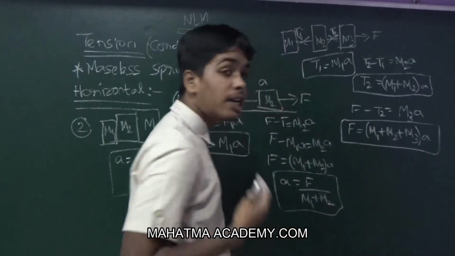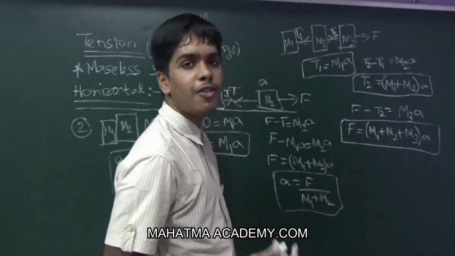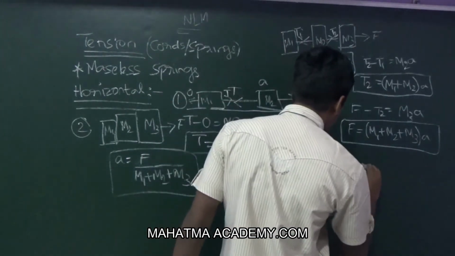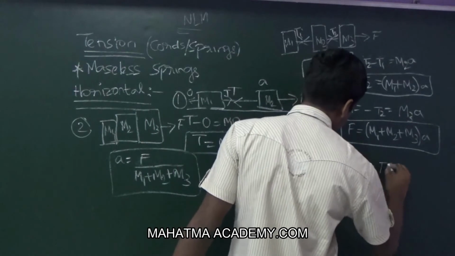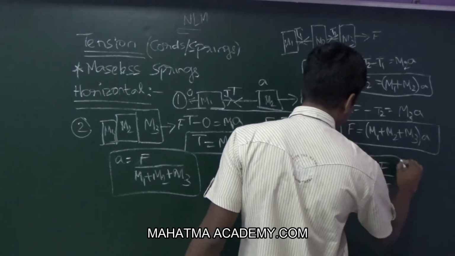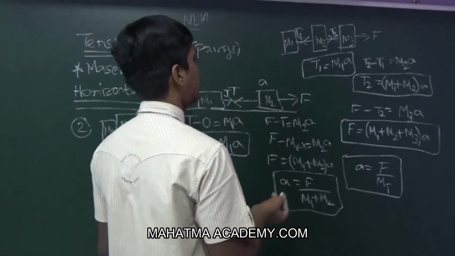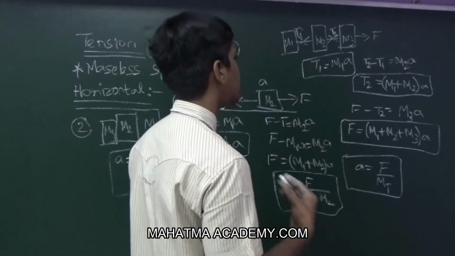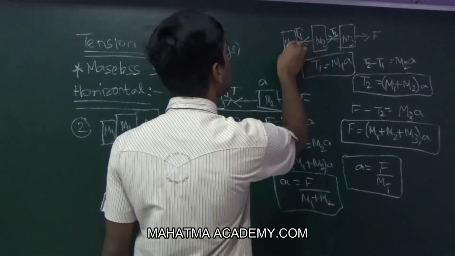There is also a short trick. The trick is, if we want to find the acceleration, A is equal to the force acting upon the total mass. If there is no mass before it, then we can directly take T1 is equal to m1a.